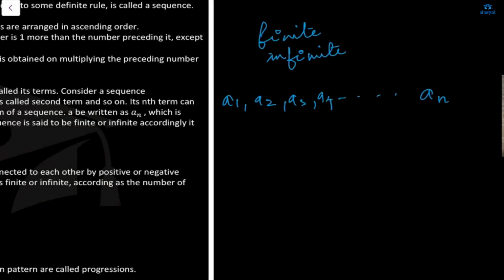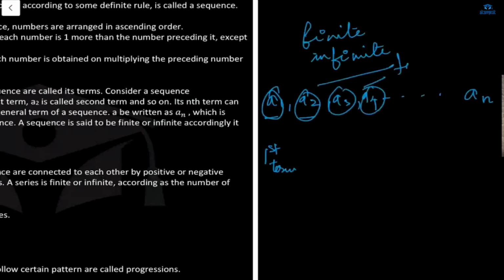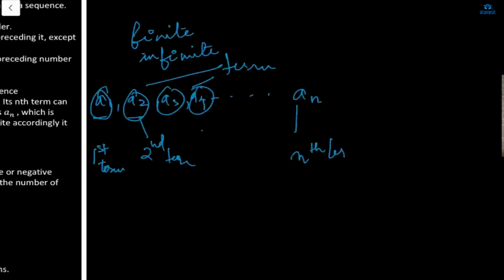You keep on applying the definite rule, and you keep on getting the new next number. Here a1 is the first term, a2 is the second term, and so on. Each one represents a term here. This is the first term, second term, and so on, and this is the nth term. Before this, if you write here, it will be a(n-1), the (n-1)th term, just before the last term.